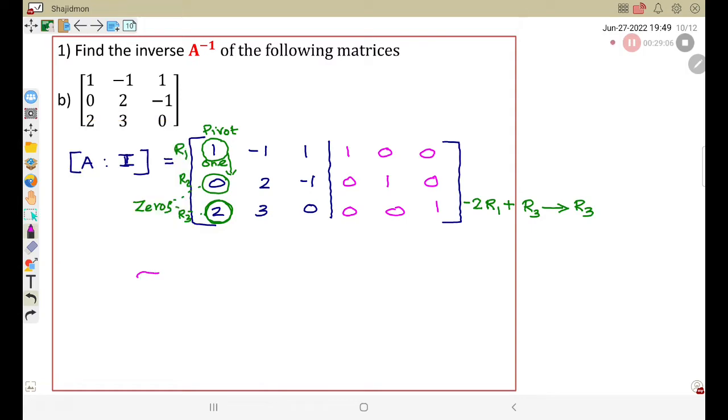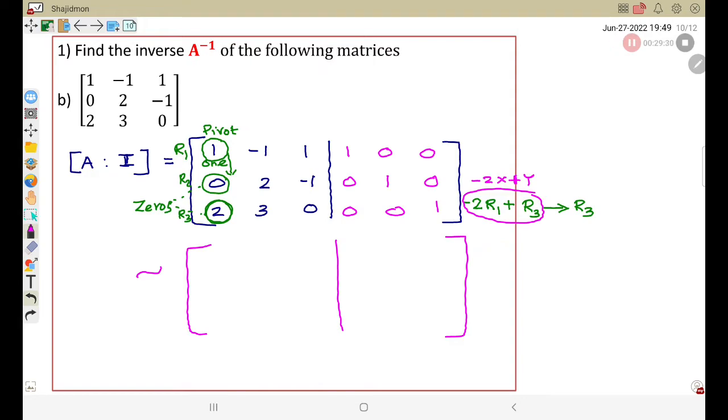Now using this transformation, write the equivalent matrix. It is a lengthy procedure. So minus 2 R1 plus R3 gives R3. You can check this in your calculator: minus 2 times R1 plus R3. You can type minus 2x plus y in your calculator.